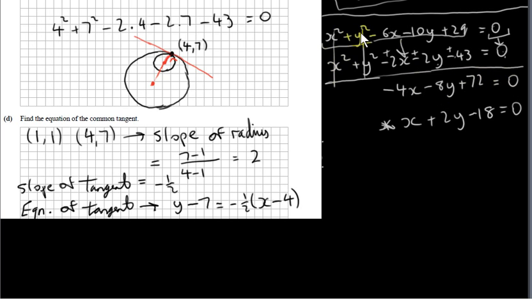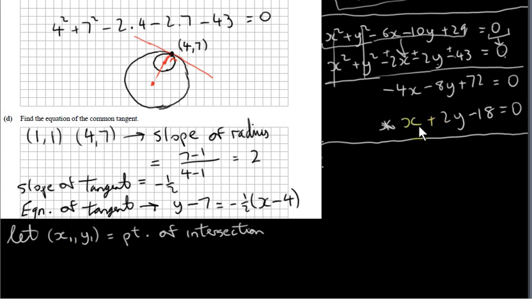The x squared and y squared terms cancel out. So the point of contact satisfies this equation as well. I'll explain that in a little bit more detail in a minute. But for now, we know it's true that the point of contact satisfies this equation. It's a line, so the point of contact must be on this line. So we're talking about a line that passes through the point 4, 7.